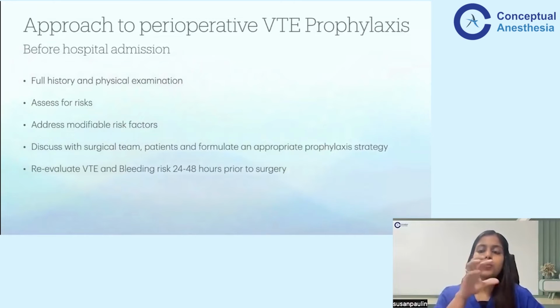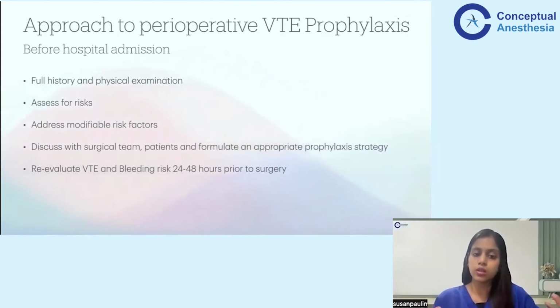Then you pick up the modifiable risk factors and try to address them so that you can decrease the perioperative risk. You should also take the initiative to discuss with the surgical team, the patient, and the family, and make a strategy appropriate to the patient and his risk, formulated even prior to the admission process.